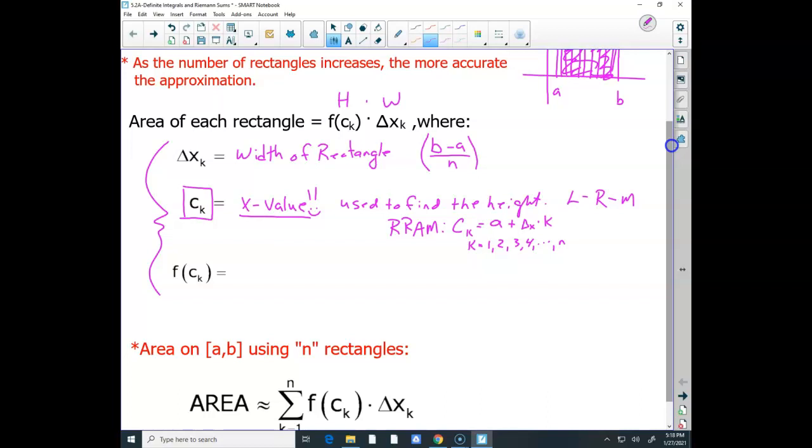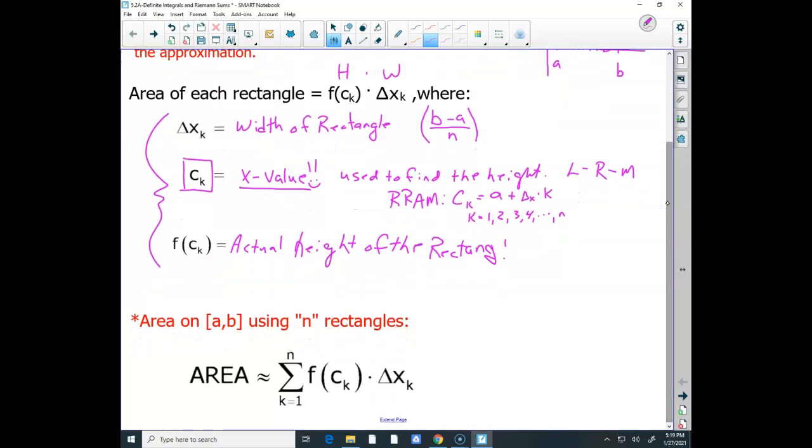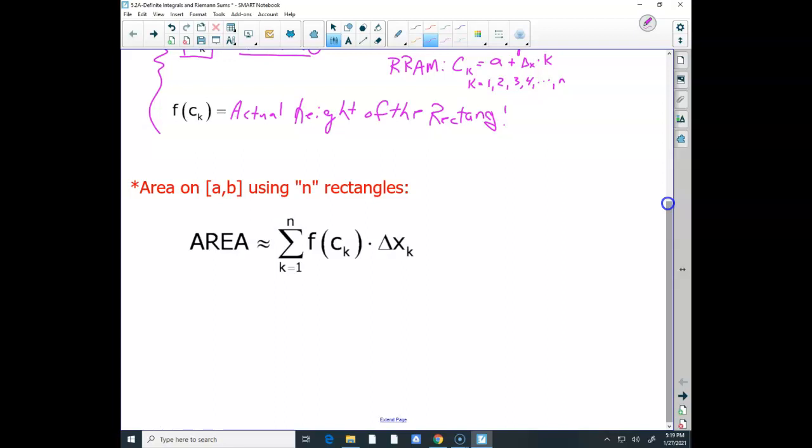And then we found f of c sub k. What the heck was that? That was the actual height of the rectangle. It wasn't the height of the rectangle until we plugged c sub k into the function. Okay? And then we cruised along here and we figured out the area on a to b using n rectangles.